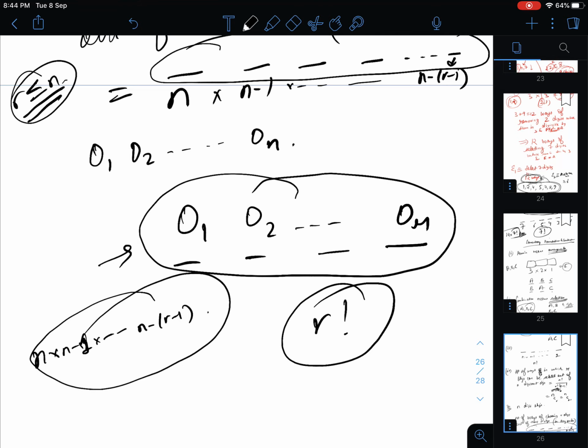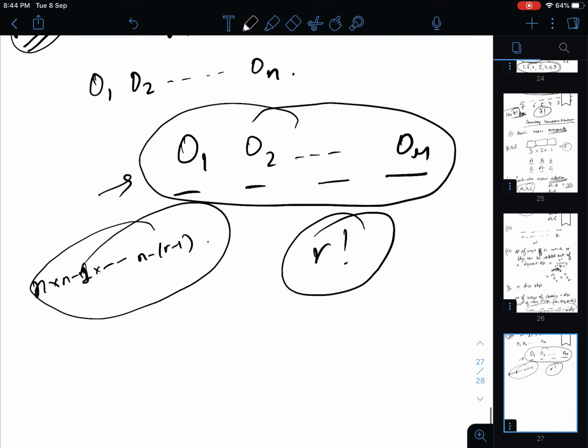All right. So what we are saying is that once we have a fixed set of R objects, then we can arrange them in R factorial ways. Therefore, each set of R objects is repeated R factorial times.